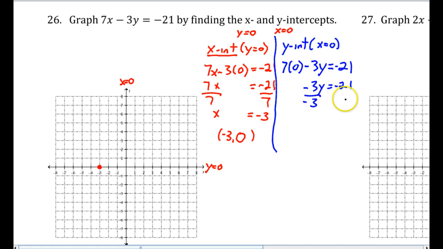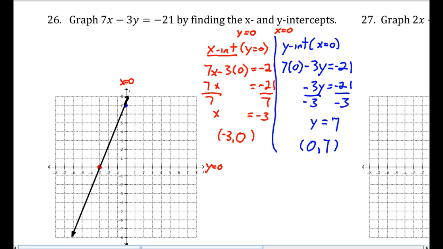Divide by negative 3. y equals 7, positive, since negative over negative is positive. So the y coordinate is 7 and the x was 0. So we have 0, 7, and now you can graph your line using those two intercepts.